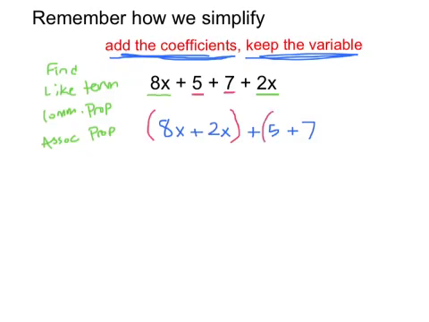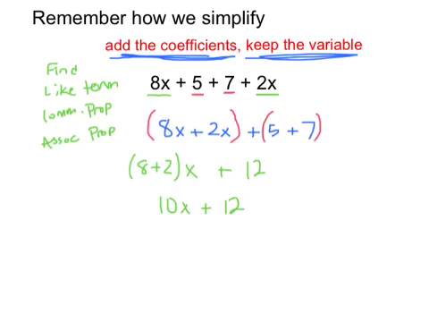But we also know how to add 5 and 7, so we can also associate those. So as a result, if we add the coefficients, we get 8 plus 2 with the x, plus 12, which is 5 plus 7. And then we add those together and get 10x plus 12. And then there's our simplified form.